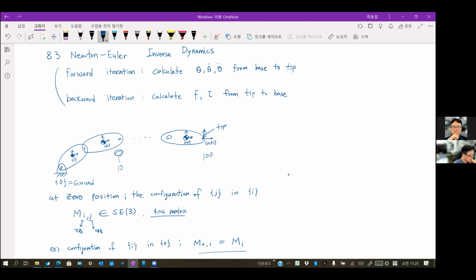Actually, if the speed here is 10, and the tip speed is 100, in this case, this value does not affect this velocity. But if this velocity is changed to like 200, even though this speed does not affect that speed, if this speed is increased, that speed will be changed.